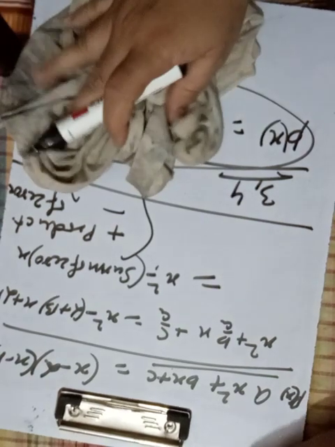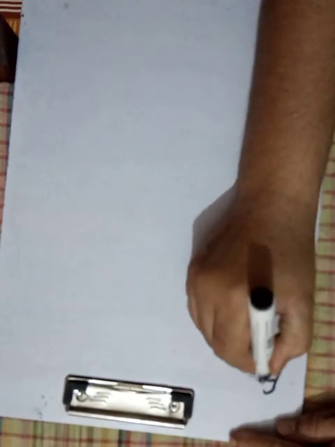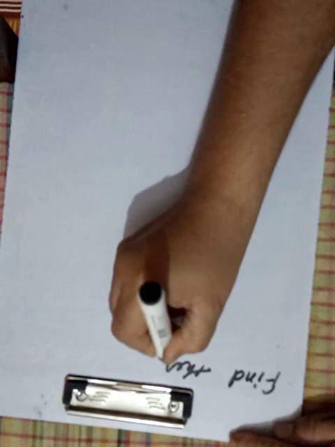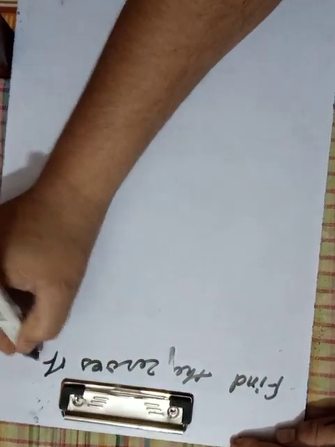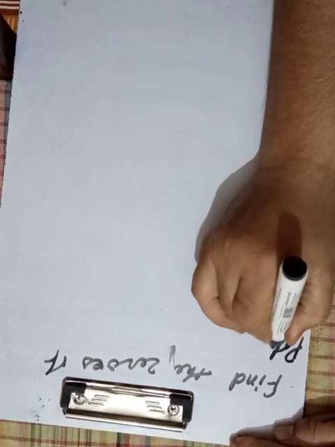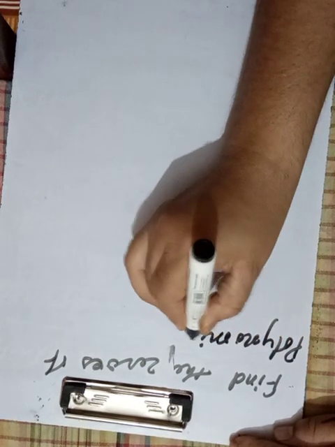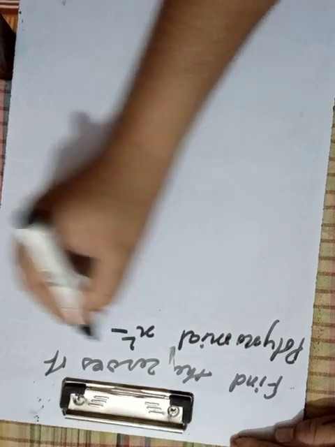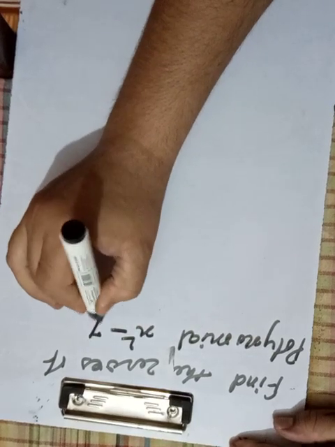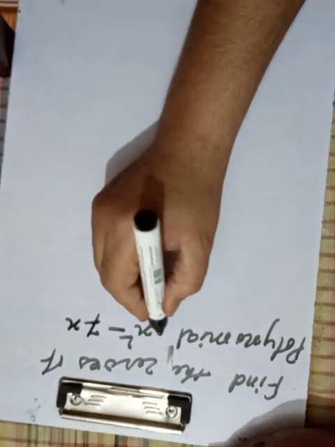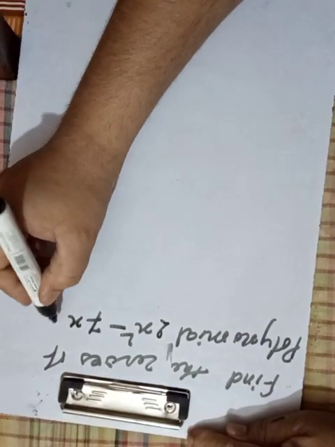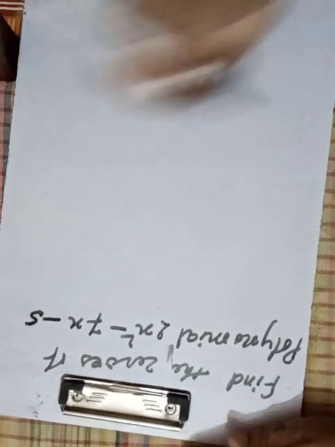Now we go for some questions. I just take the first question. Find the zeros of the polynomial 2x square minus 7x minus 5.